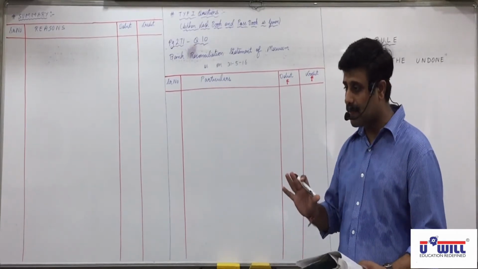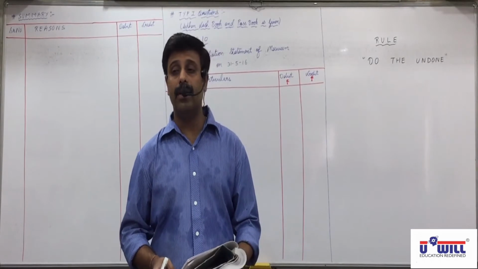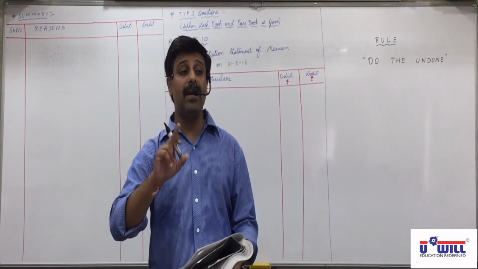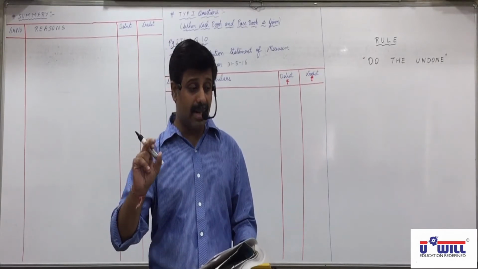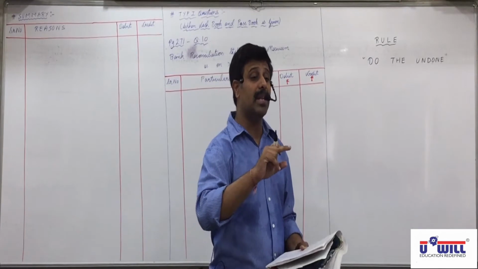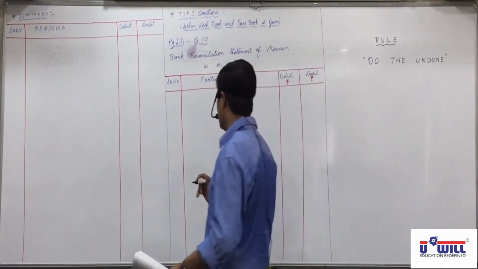Any doubts with this? Further, is that 12,600 a debit balance or credit balance? Debit balance. It appears on credit side, but it is a debit balance. Debit balance because debit side total is more than credit side. Did you understand it? We will start with that.